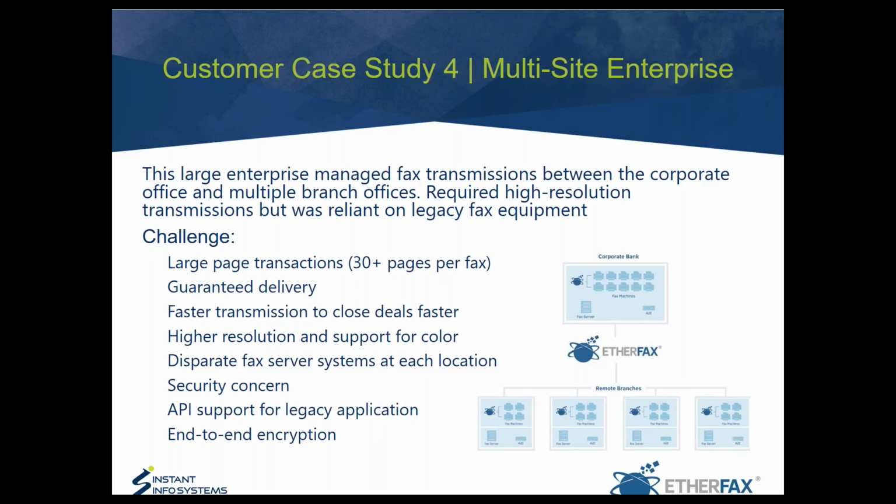This was easy to set up from a development standpoint, and we had the ability to move documents not only from one application at corporate headquarters to a branch application, but also to enable devices, whether that's an MFP or a fax machine, sitting at each of these branches and provide that transmission of the document in an encrypted manner.